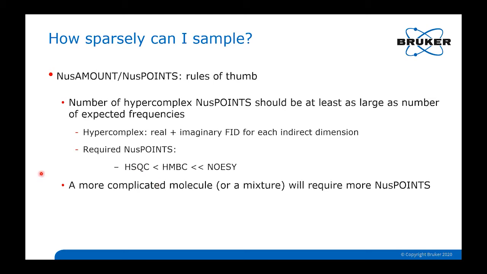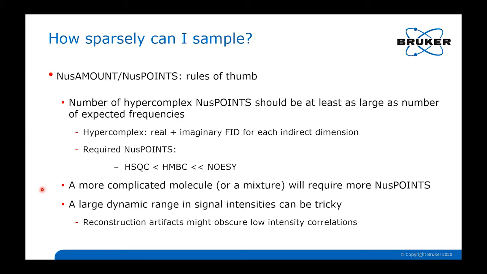Similarly, if we have a very large complicated molecule or a mixture, we're going to need more NUS points, because of the possibility of having more frequencies in our spectrum. And for a mixture, especially if we're trying to find correlations for low concentration components, we get back to that dynamic range issue I talked about before.